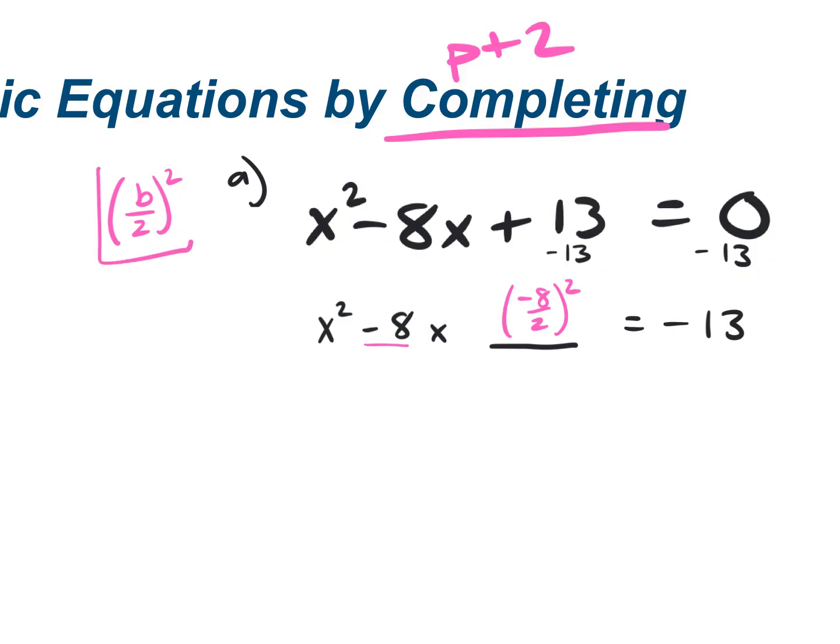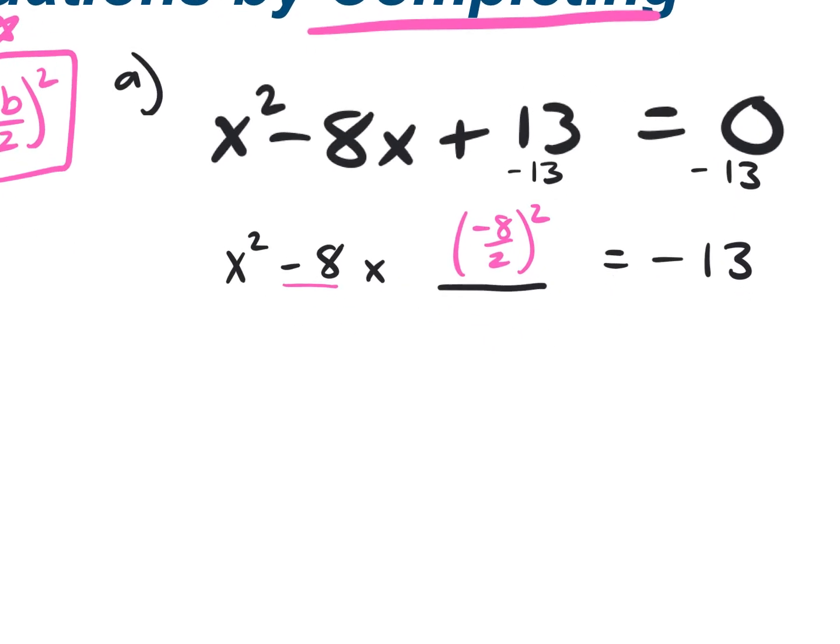So our little formula, b over 2 squared, is what's going to go in the spot to complete the square. Now, what is negative 8 over 2? So negative 4 squared. I just simplified the inside. Negative 8 divided by 2 is negative 4.